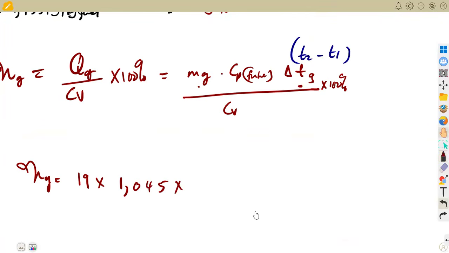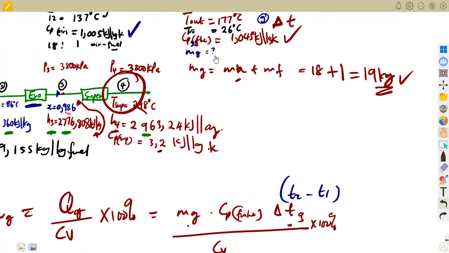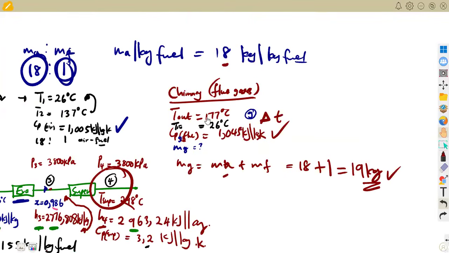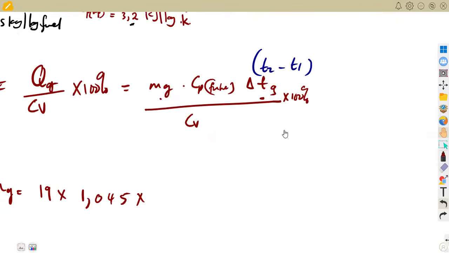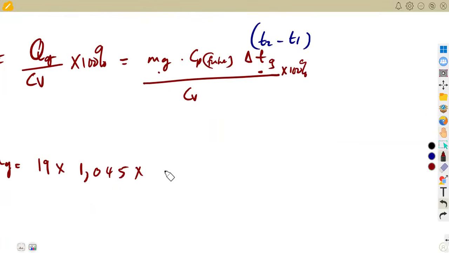And we have all these temperatures. The best temperature, which is our T out at the chimney, is your T out. Then T in is that one that we had at the air preheater, the input to the air preheater, which is 26, so it's 177 minus 26. So we are going to subtract T2 minus T1, 177 minus 26.